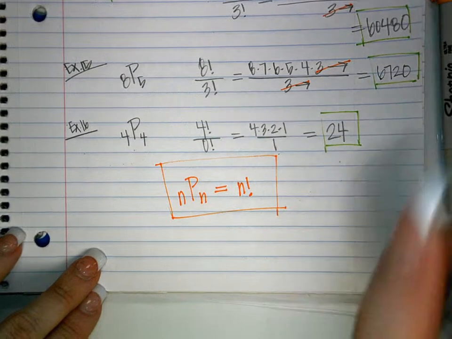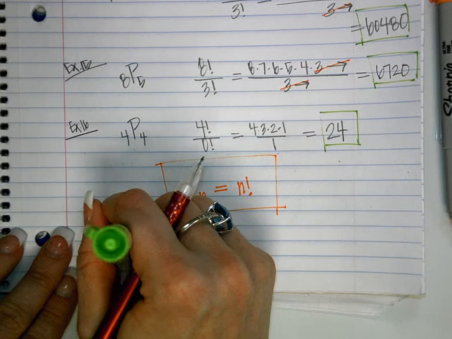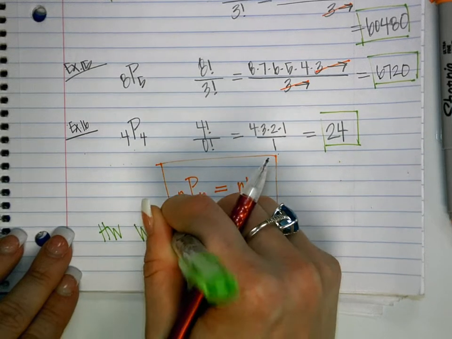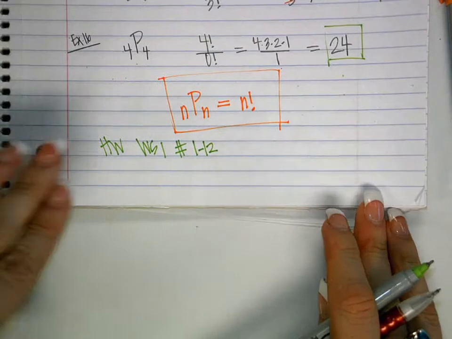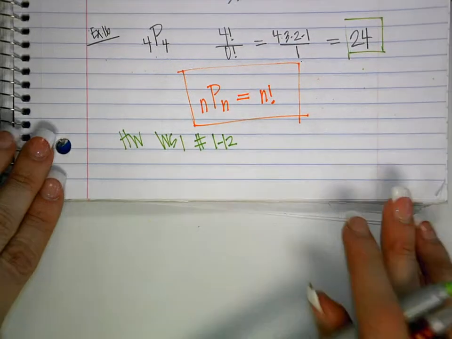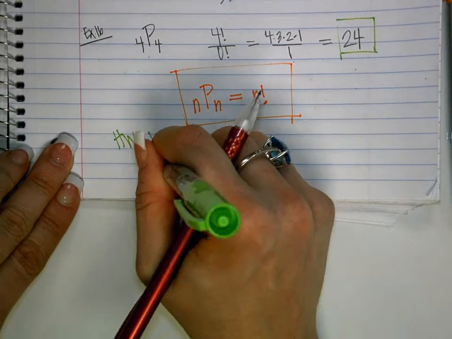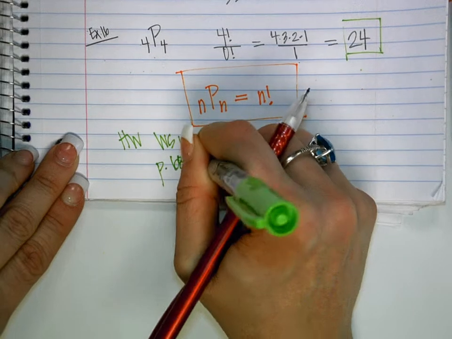Now, make sure you write this down. Your homework: you are doing worksheet 1, that's in your green book, numbers 1 through 12. You are also doing, in your actual textbook, page 686, make sure you write this down because they're kind of random numbers.